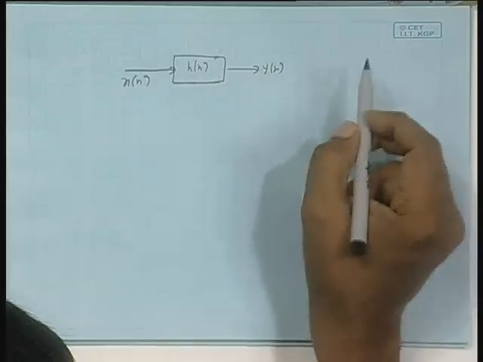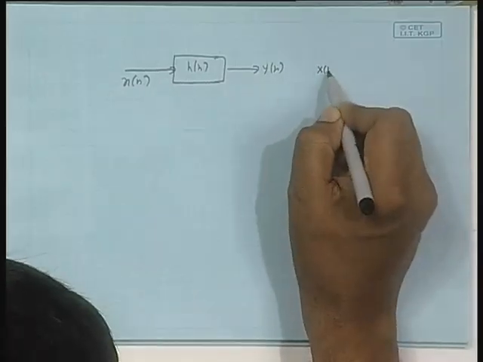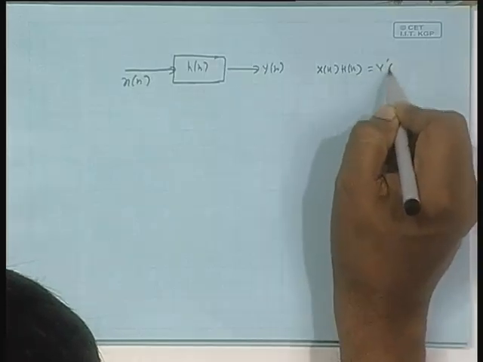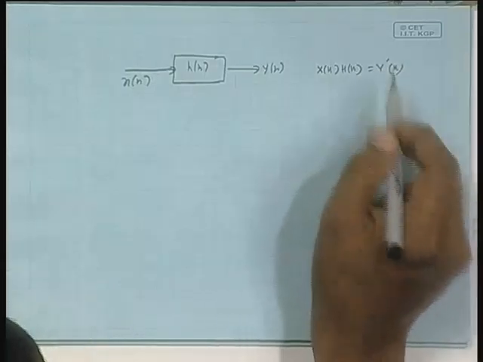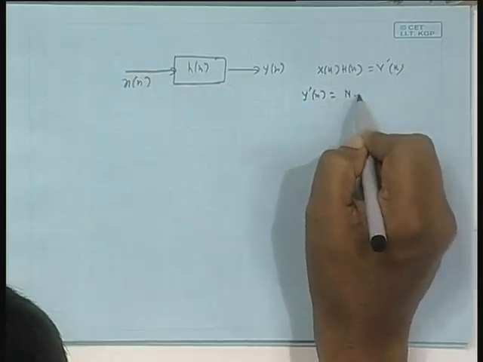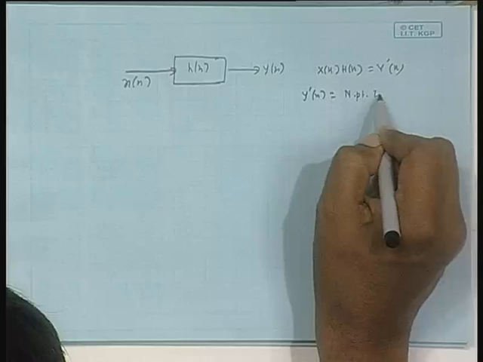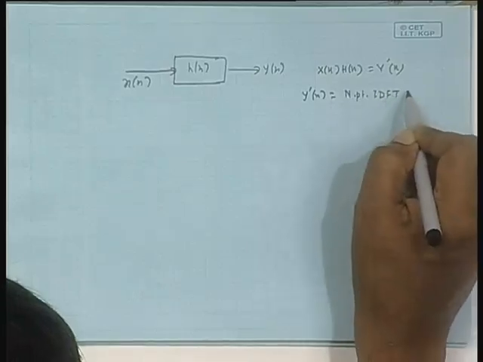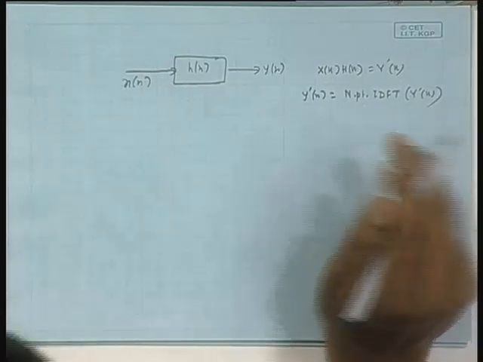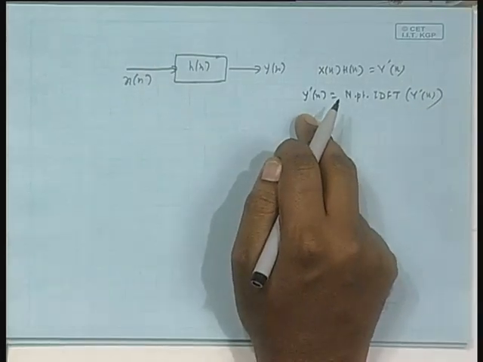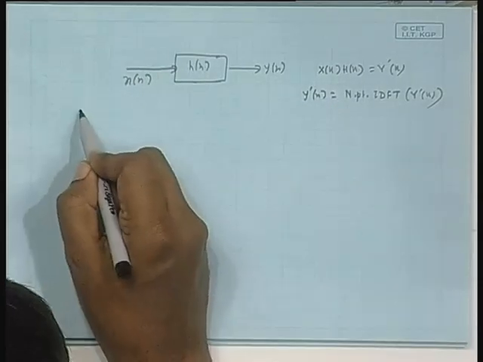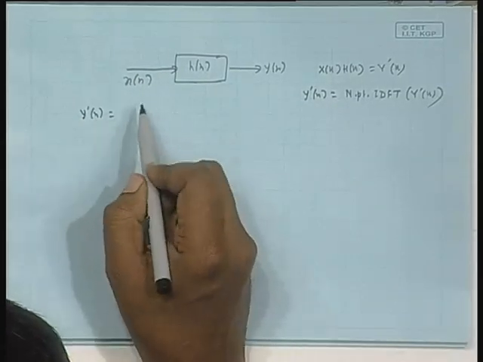We found out that if you do X k times H k and call it Y prime k, and take the N point IDFT of Y prime k, we found the expression for this Y prime n. Remember, there was a linear convolution component and there was another component.